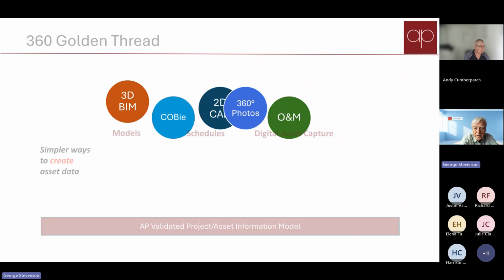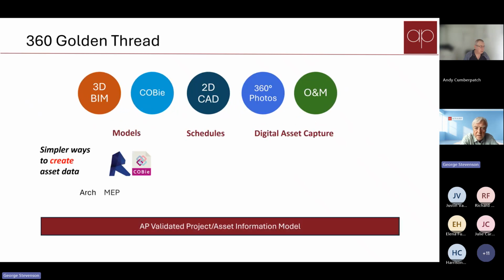And the methodology that we're using to do that is that if there are BIM models, either old ones or new ones, we can extract the information that they contain just using standard COBie.